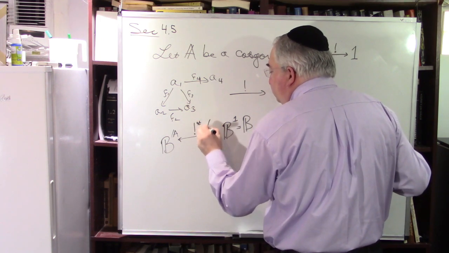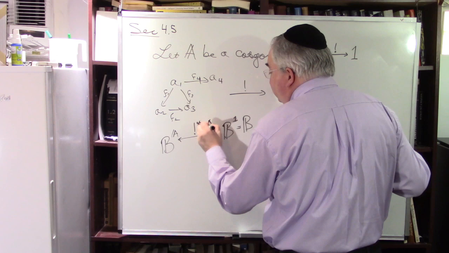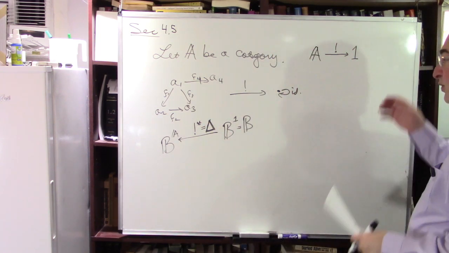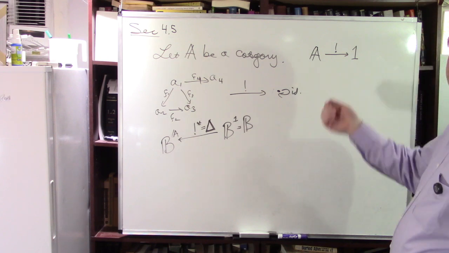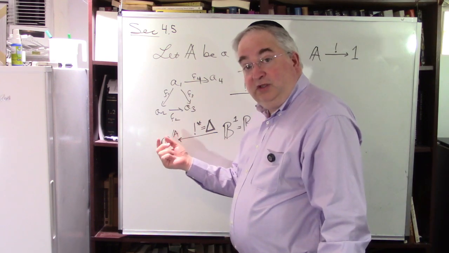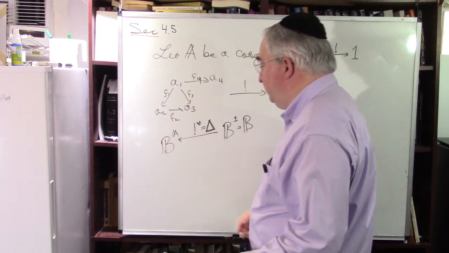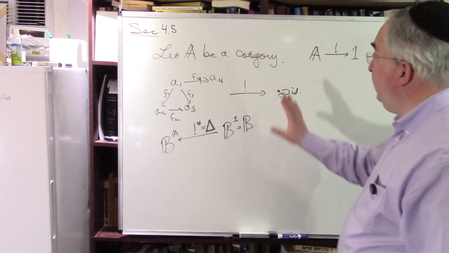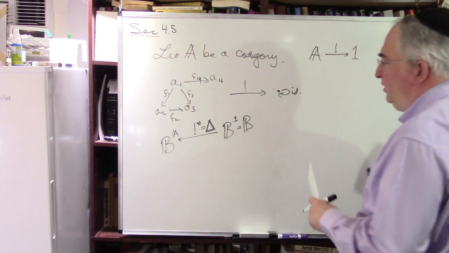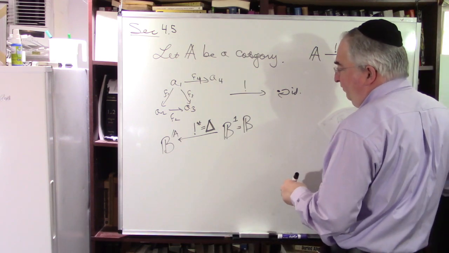I'm going to call this something which I've called many other things in this book, delta. Basically this is called the diagonal functor, but we've seen the diagonal functor where we were dealing with 2 elements, pairs of elements. But now I want just any category A. Okay, so let's see how this works. And the answer is this works very nicely.